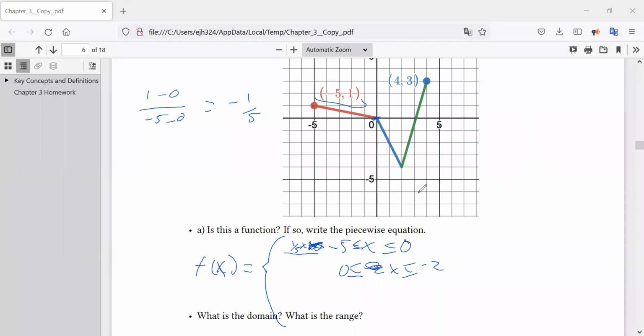Where it becomes an issue and you have to make a bigger decision is if we had something like this, then for the first equation it would be less than or equal to, and for the second one it would be strictly less than.